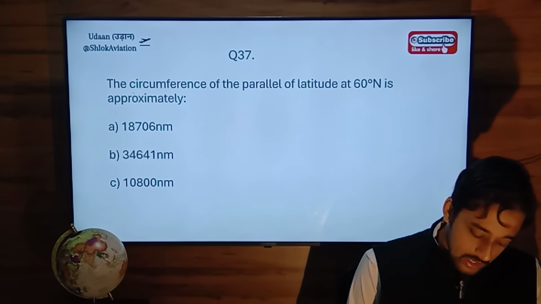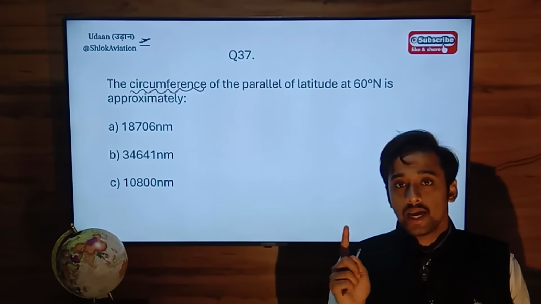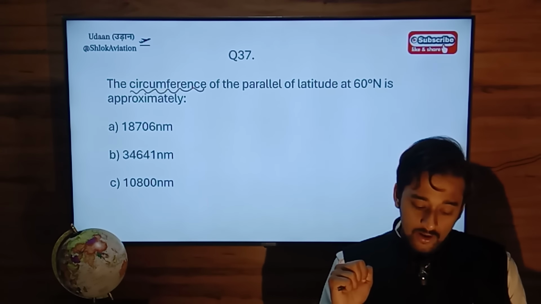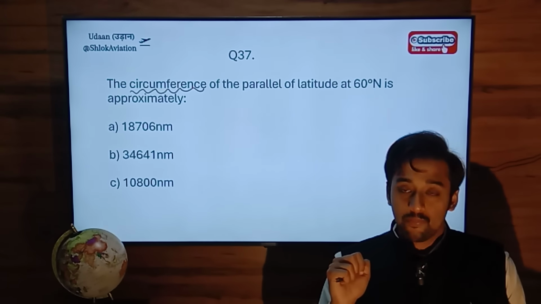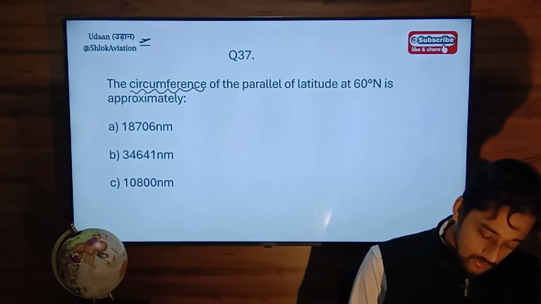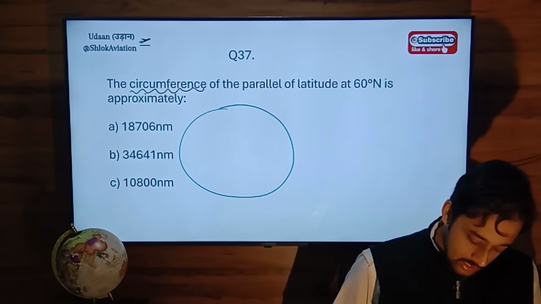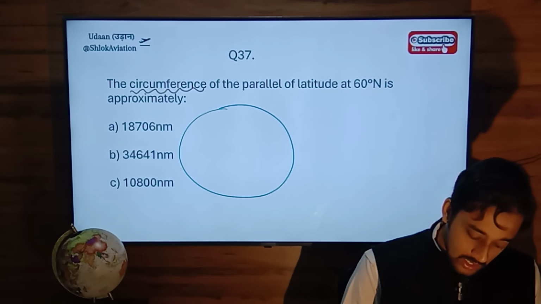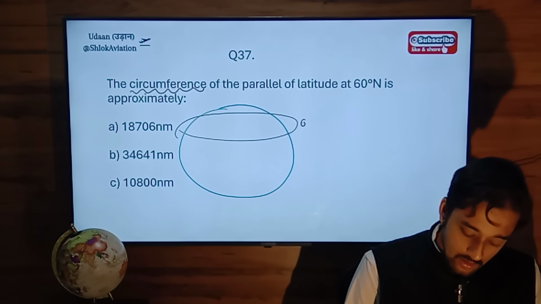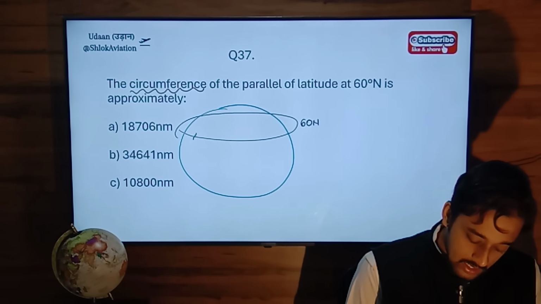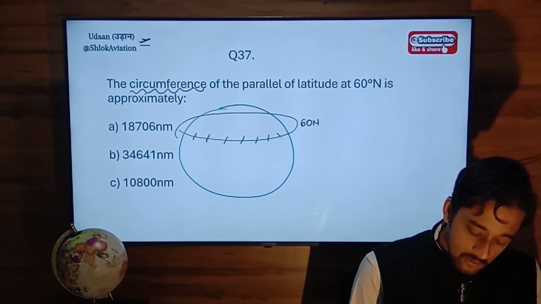What is the circumference? Circumference means the entire 360-degree rotation around the earth of a latitude 60 degree north approximately. So this is your earth, right? And here is your 60-degree north latitude. So you have to find out the circumference of this entire latitude around the earth.